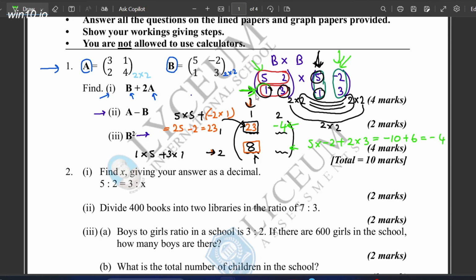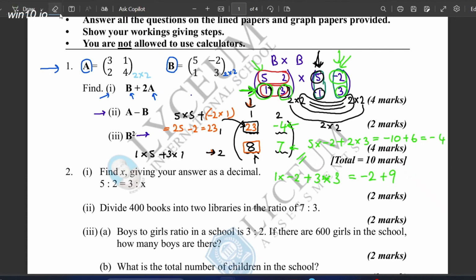So then 1 times minus 2 plus 3 times 3. So that means minus 2 plus 9. So minus 2 plus 9 is 7. So this is the answer for the b square.